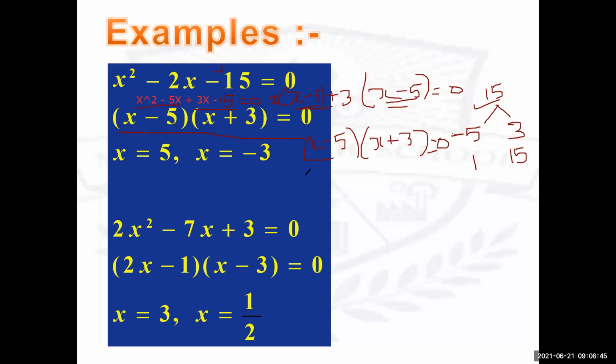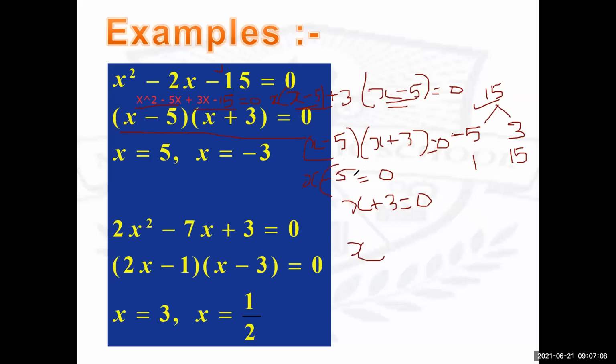So now what you will do is individually take x minus 5 equals to 0, or x plus 3 equals to 0. So with the help of this, what is the value of x?